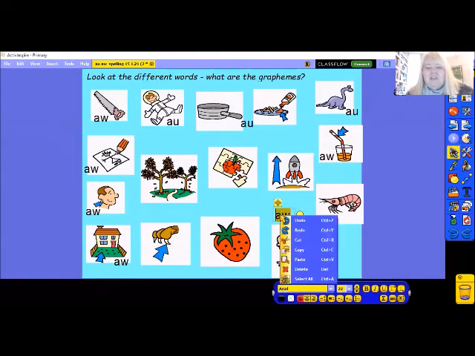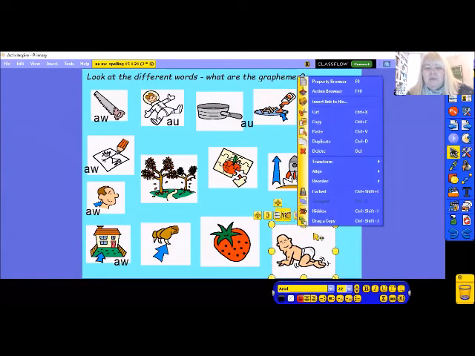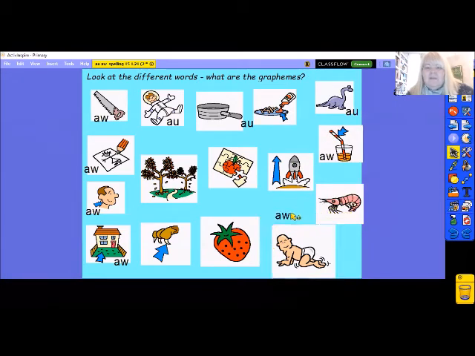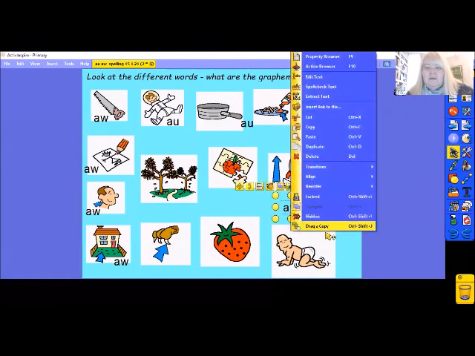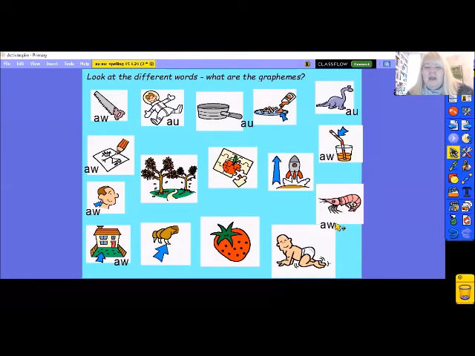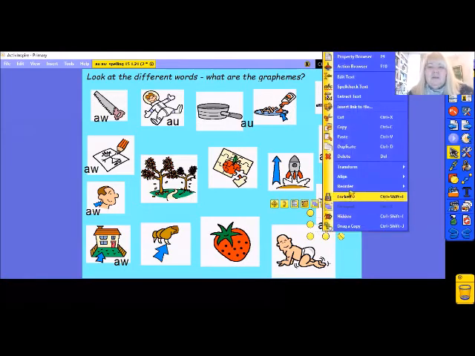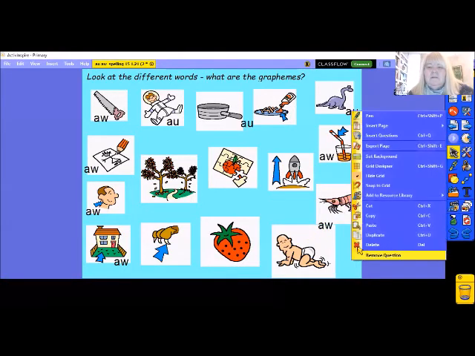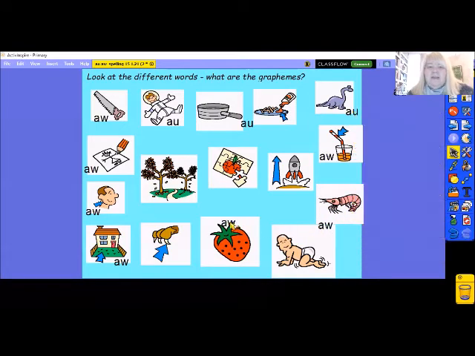Goodness me, English is tricky. Let's put prawn, and then crawl also has an AW. Strawberry and claw also have an AW.